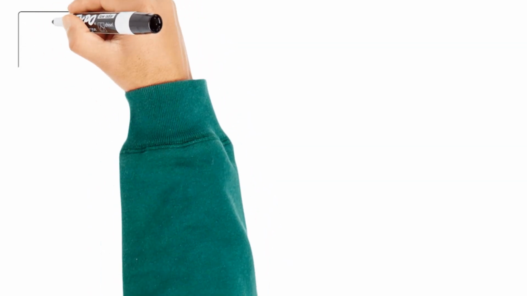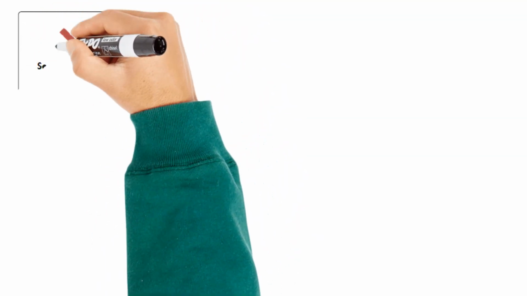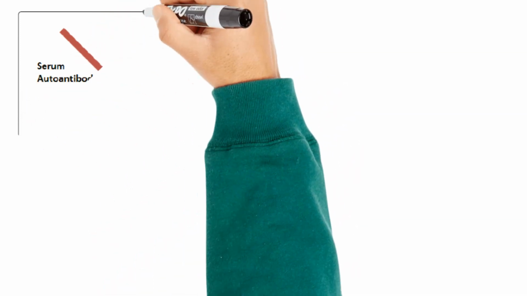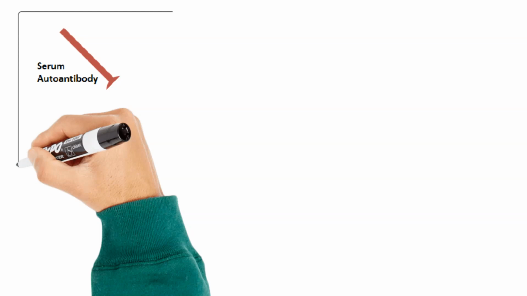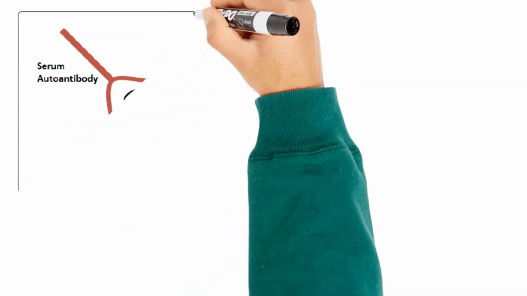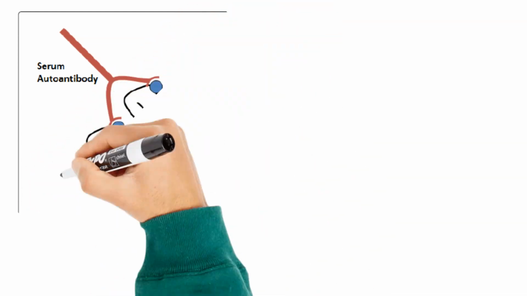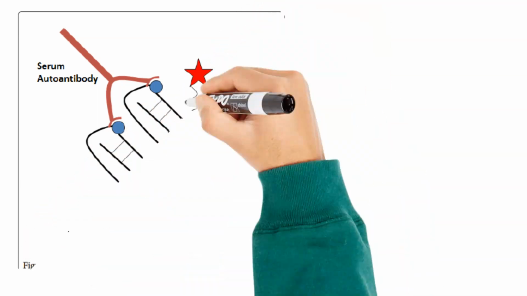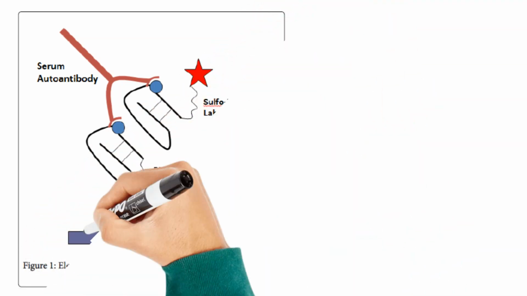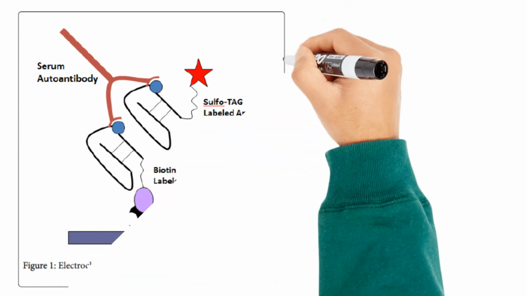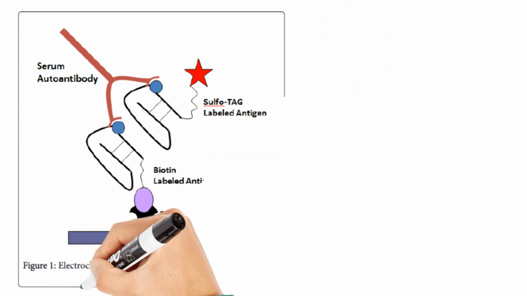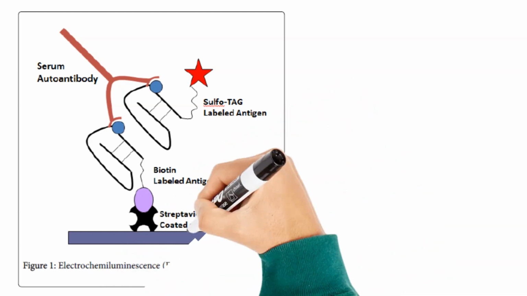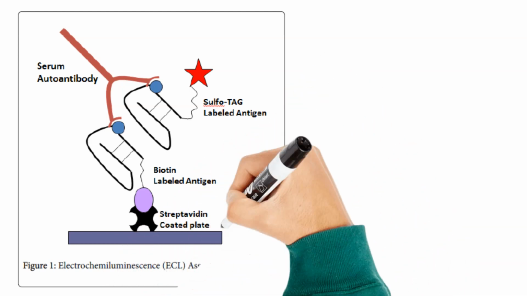Electrochemiluminescence. Electrochemiluminescence assays can be used in different variations, such as competitive for extremely small analytes, sandwich for larger analytes, and bridging formats to detect antibodies. The principle of the bridging electrochemiluminescence is similar to the sandwich method, except that this assay is used to detect antibodies rather than antigens. This method involves coating the plate with streptavidin, followed by the addition of biotinylated capture antigens, which will bind to the streptavidin.